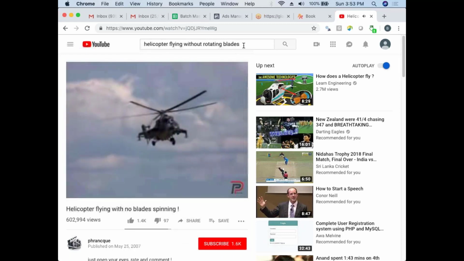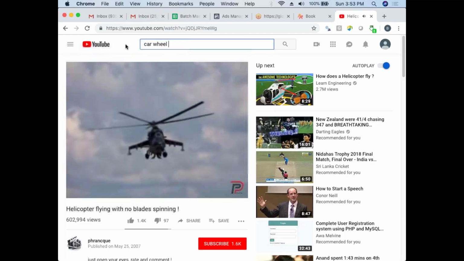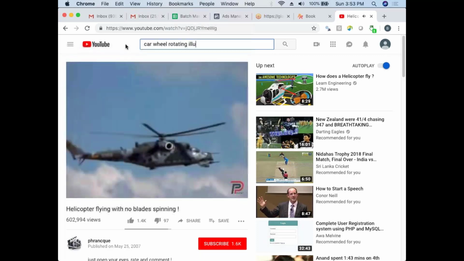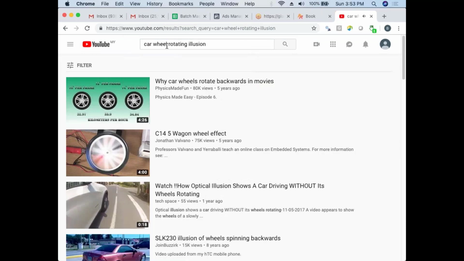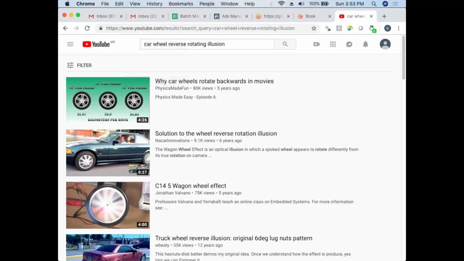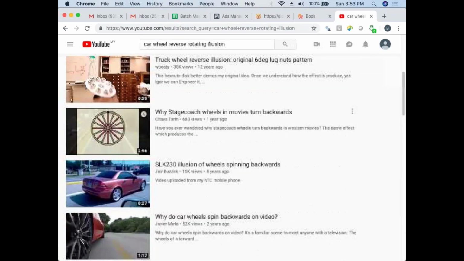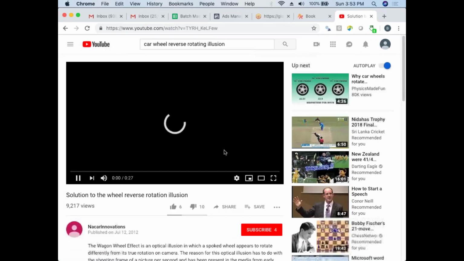Let me show you this one. Reverse rotating. Have you ever seen, whenever a car goes at a rapid pace, you get an illusion as if the wheels are rotating in the reverse direction.